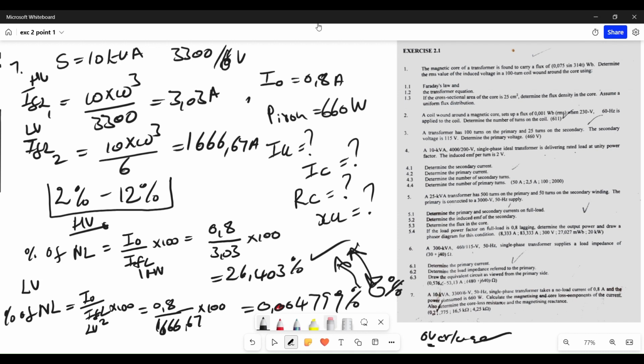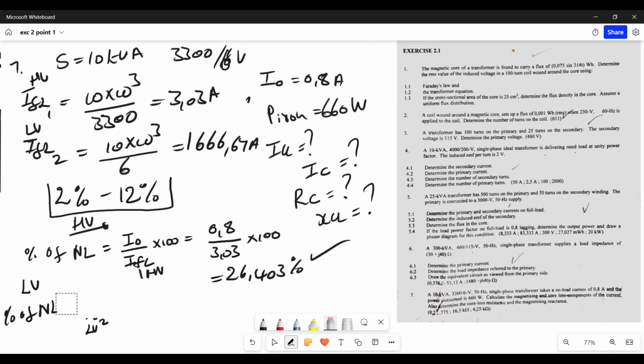So if we agree on that, I can conclude that the test was done on the HV side. If the test was done on the HV side, this means that the LV side, which is the 6-volt side, was left open. So now I can start performing my calculations.